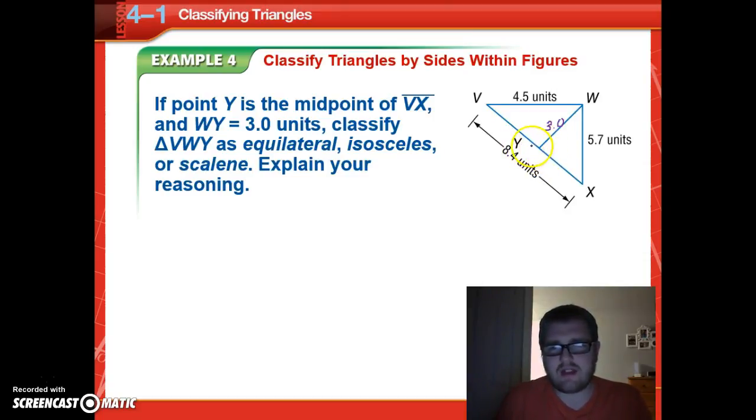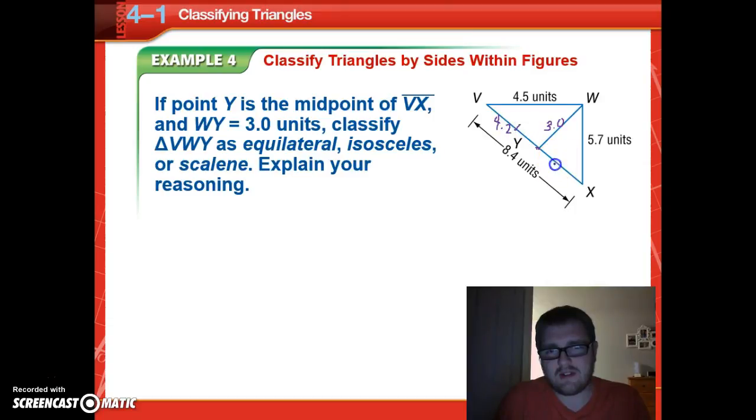Well, they give us that Y is the midpoint of VX. So we know that VY has to equal YX in measure. So if Y is the midpoint, each side is exactly 1/2 of 8.4 units. So 8.4 divided by 2 is 4.2.